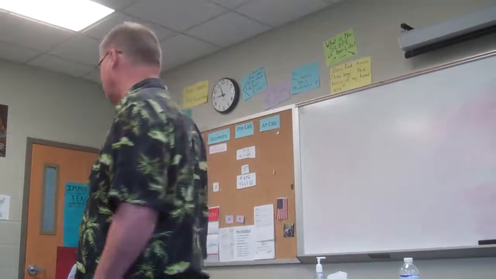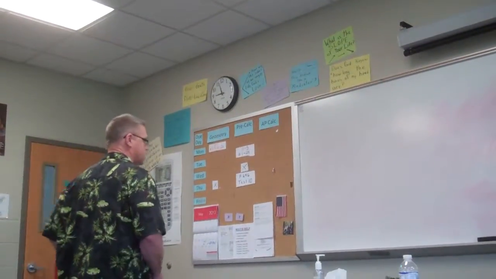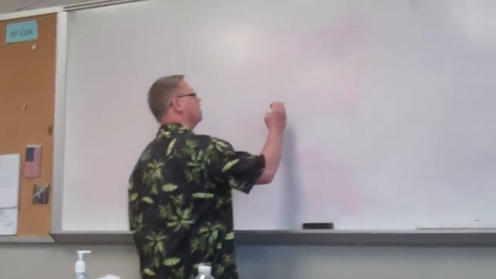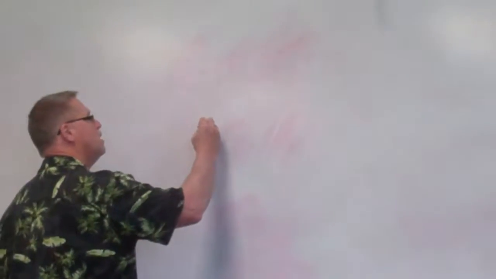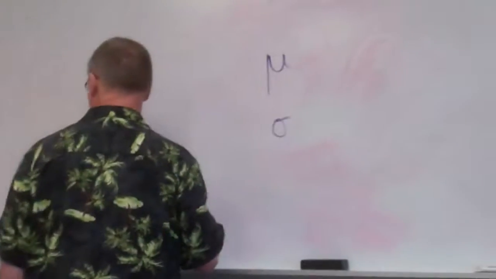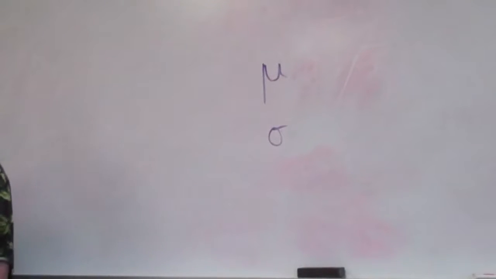And the little Greek letter sigma stands for a standard deviation. So this is the mu. That stands for mean. This is the sigma. That's a lowercase Greek s, kind of. It's actually the same letter as your big summation symbol, except it's lowercase, sigma.